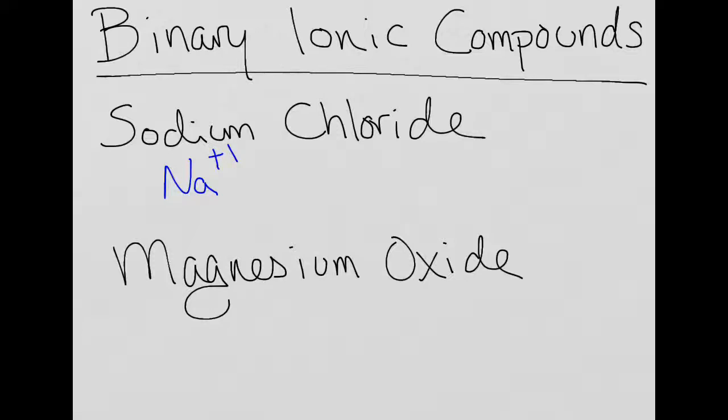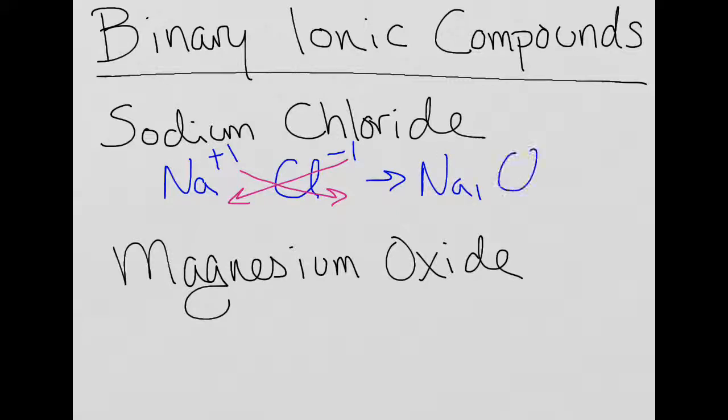Chloride is going to become chlorine just as an element, and so that's Cl, and its charge is -1. And so if I crisscross these charges to put just the value of those numbers, I now get Na1Cl1, because a 1 goes from the sodium to the bottom of the chlorine.